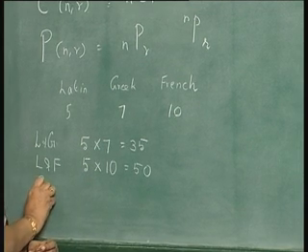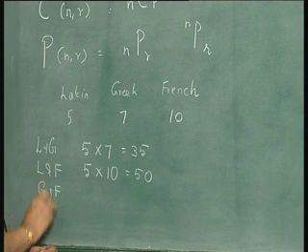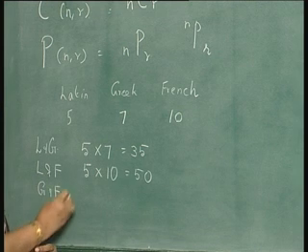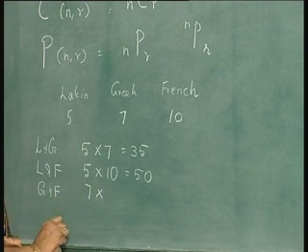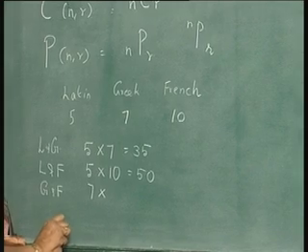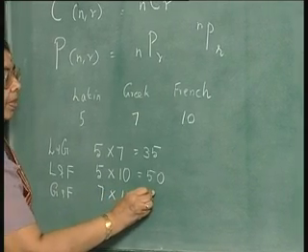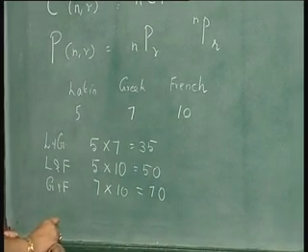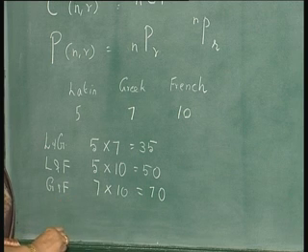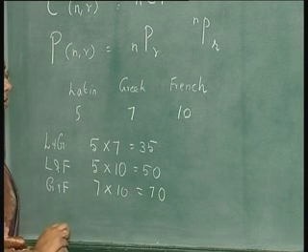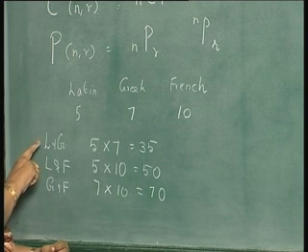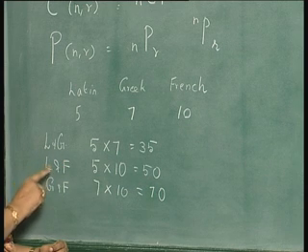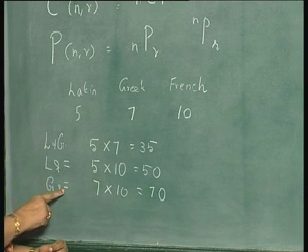Now suppose you are choosing a book in Greek and a book in French. In how many ways can you choose a book in Greek? You can choose a book in Greek in 7 different ways, and you can choose a book in French in 10 different ways. So in 70 different ways you can choose a book from Greek and a book from French. So we are making use of the rule of product. Now we will make use of the rule of sum. So you can either choose a book from Latin and Greek, a book from Latin and a book from French, or a book from Greek and a book from French.